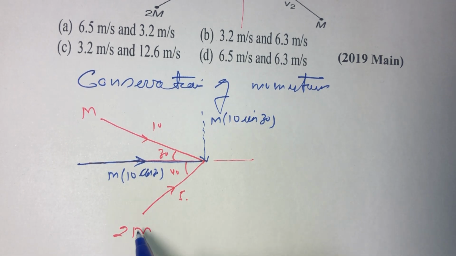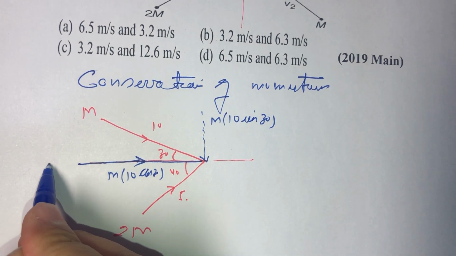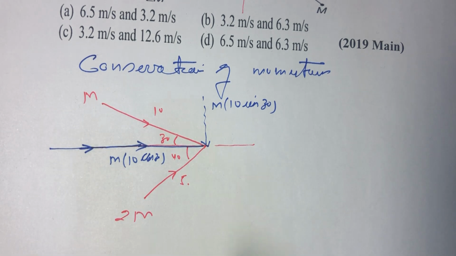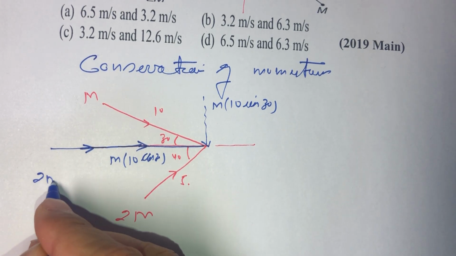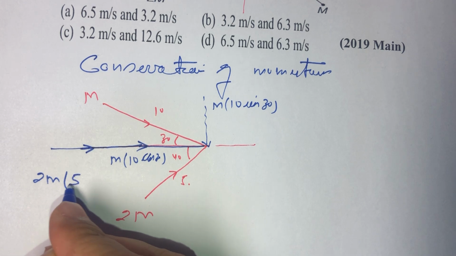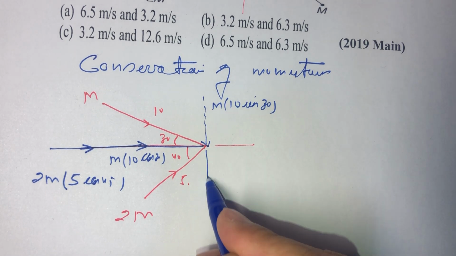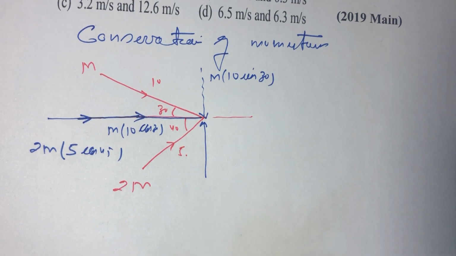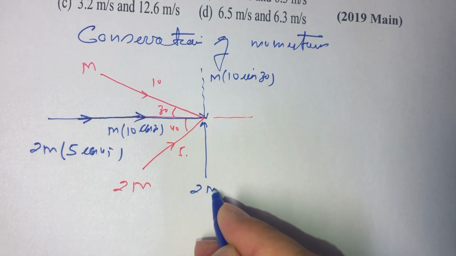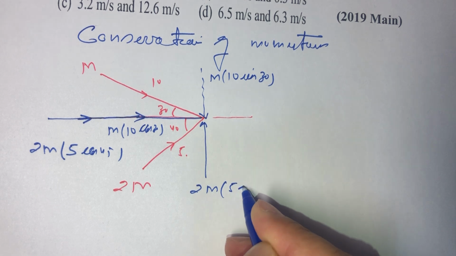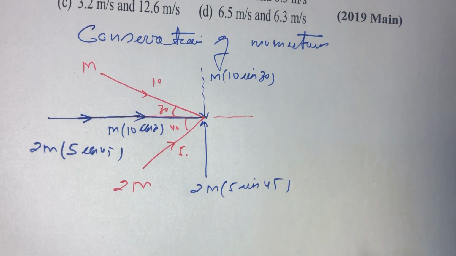For the second, this is 2m, so we can write 2m 5 cos 45, and the other component is 2m 5 sin 45.